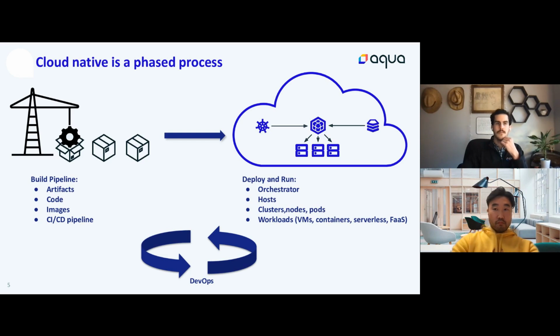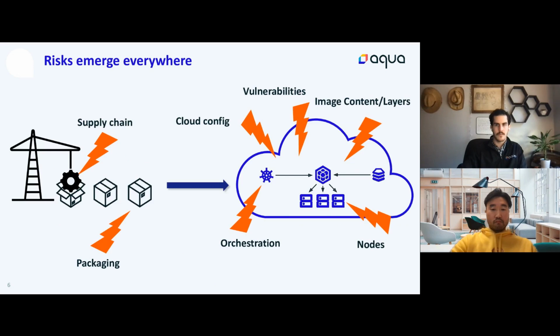Cloud native allows for velocity in the development process, automation in the deployment and run phase. Allows for reuse of components, repeatability, and improves cost. So what are the risks involved? Just as with any adoption of new technology, new risks emerge.